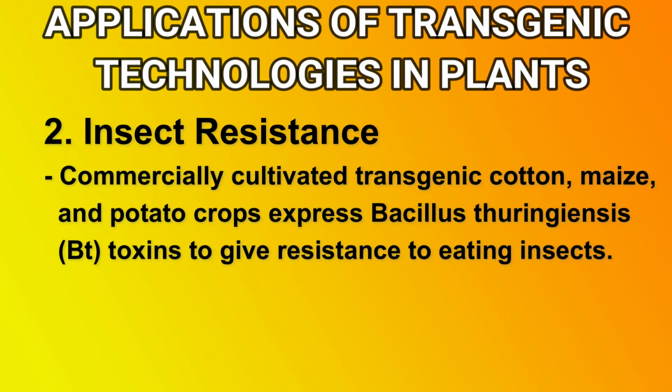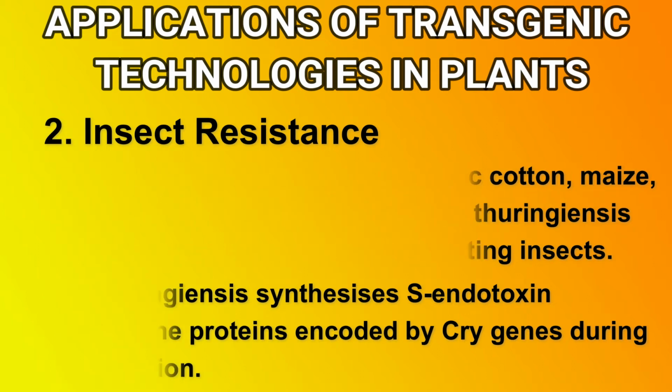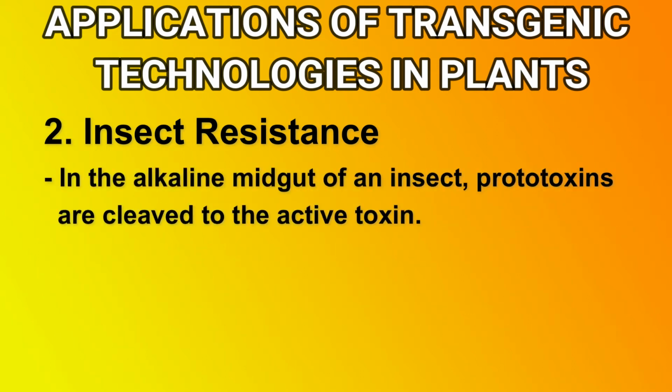Commercially cultivated transgenic cotton, maize, and potato crops express Bacillus thuringiensis Bt toxin to give resistance to insects that eat them. Bt synthesizes endotoxin crystalline proteins encoded by Cry genes during sporulation. In the alkaline midgut of an insect, protoxins are cleaved to the active toxin.